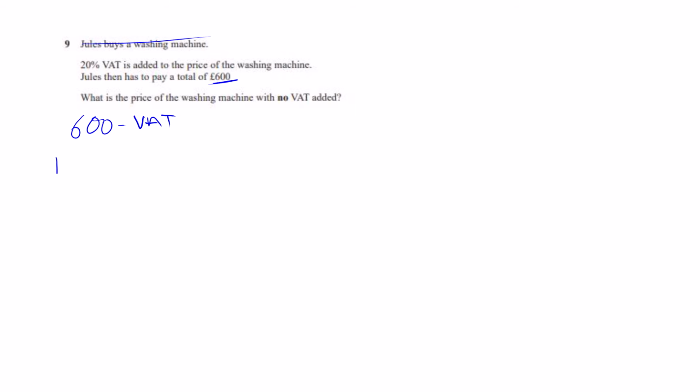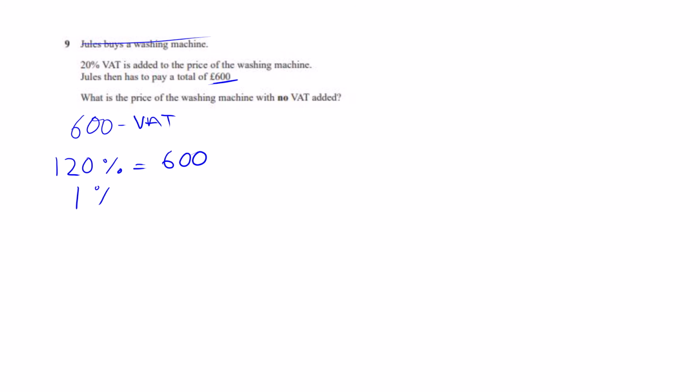So if we say that 120% of the original price is equal to £600, then to find 1% of the original price, we need to divide both sides by 120, which should give us 5, I believe. 120, 240, 360, 480, 600.